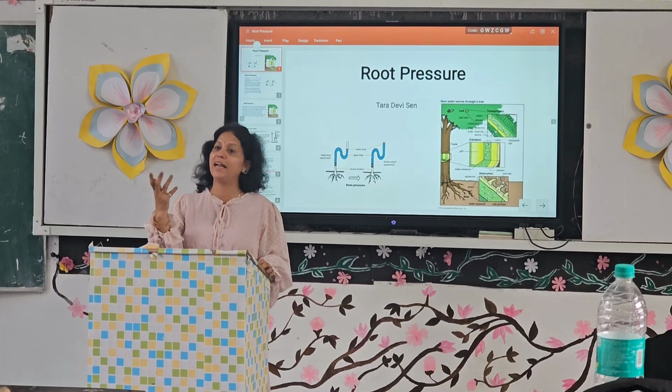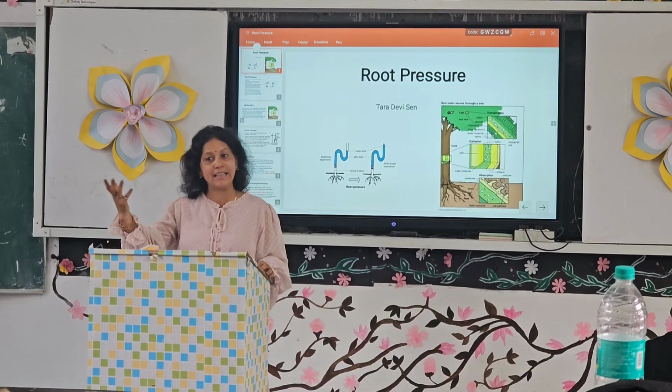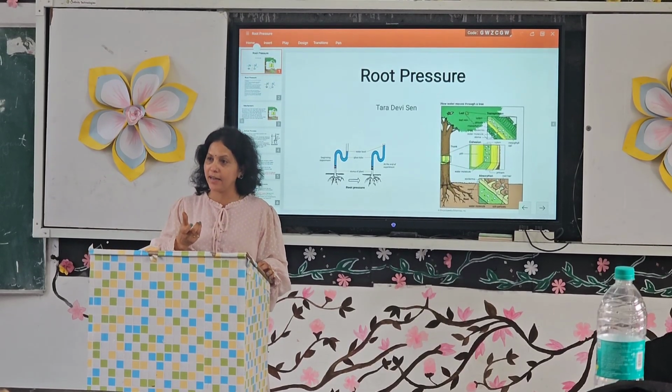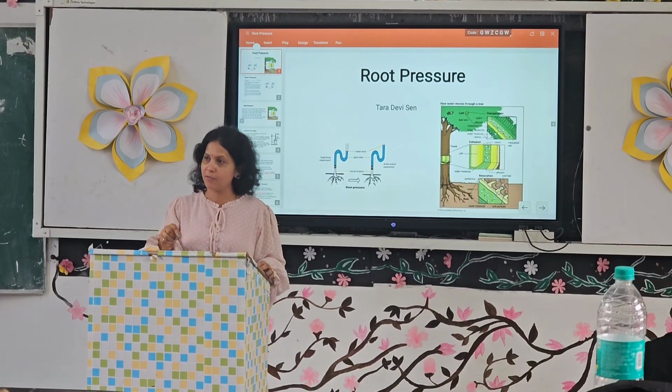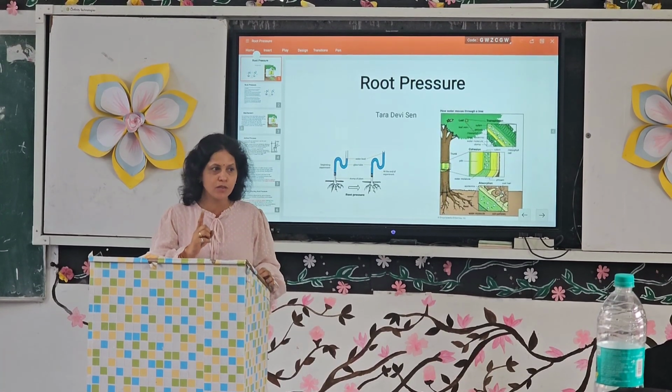And whenever we cut the twig, then this transpiration pull continuously takes up water from the root system, but this continuity is broken by the cut end, and as a result the water droplets ooze out due to root pressure.